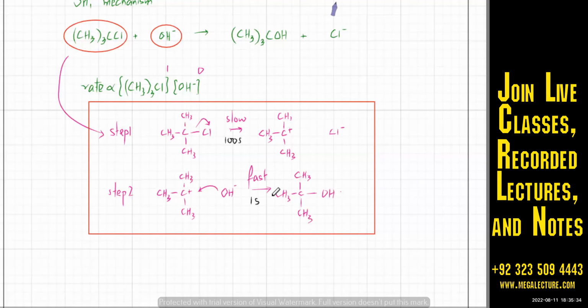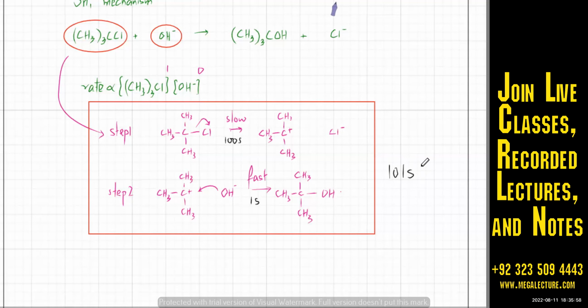What is the overall time for this reaction? At the moment it's 101 seconds: 100 seconds for the first step, and then the second step requires another second. The carbocation gets formed, and then the carbocation attaches to OH minus. That's a very fast step. So anyways, that's the overall reaction.